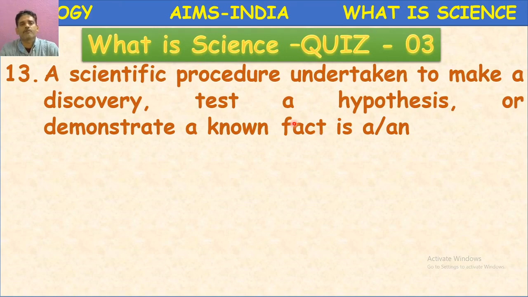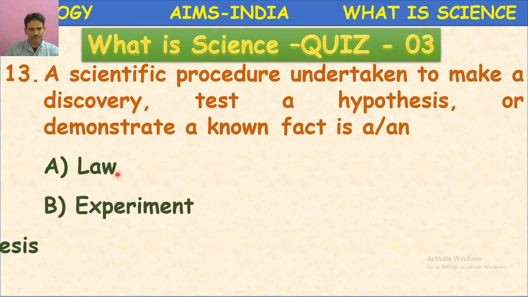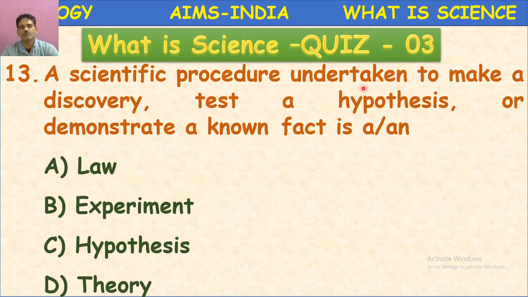A scientific procedure undertaken to make a discovery, test a hypothesis, or demonstrate a known fact is: lab, experiment, hypothesis, theory. So a scientific procedure undertaken to make a discovery, test a hypothesis, or demonstrate a known fact.